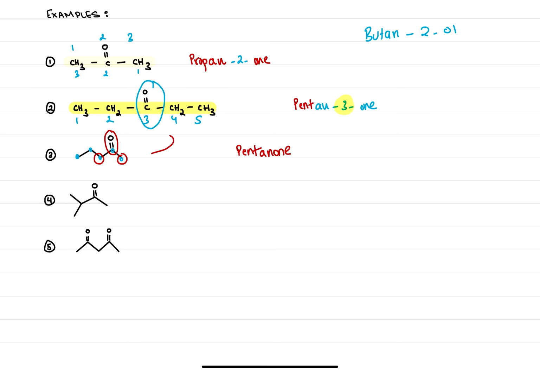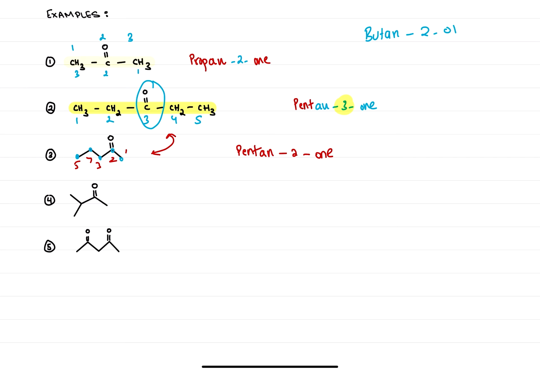See how this and this are the same thing, but there's a difference, because in this case our C double bond O group is on the second position, whereas in the one I drew a minute earlier it was on the third position. So to give it its full name, I'm going to break apart the molecule's name and write down pentan-2-one, so that the person knows exactly where this carbonyl group is located in this longest carbon chain.